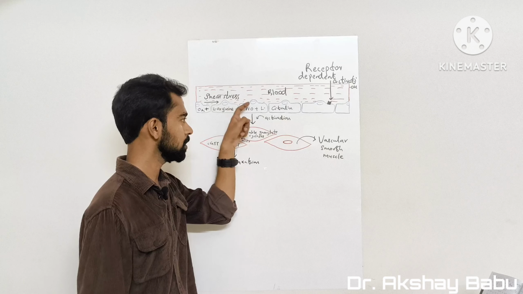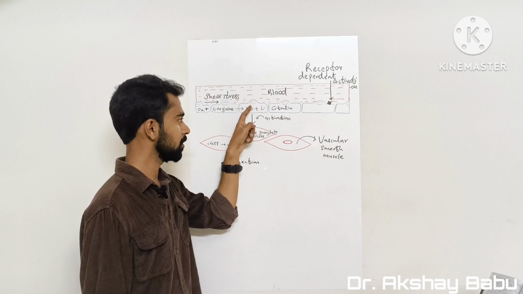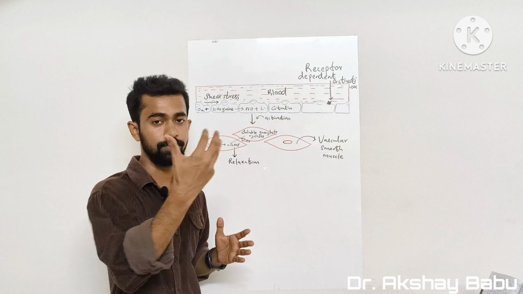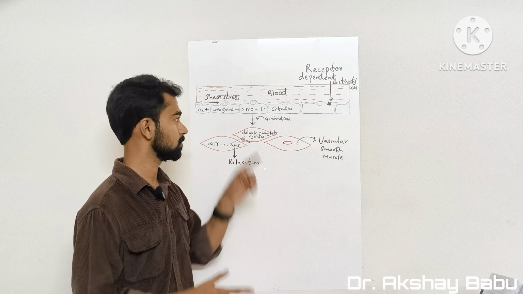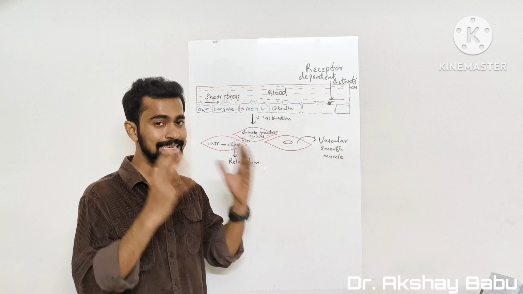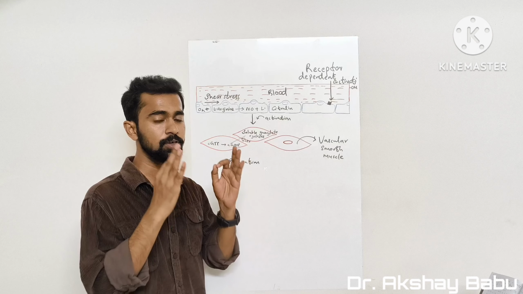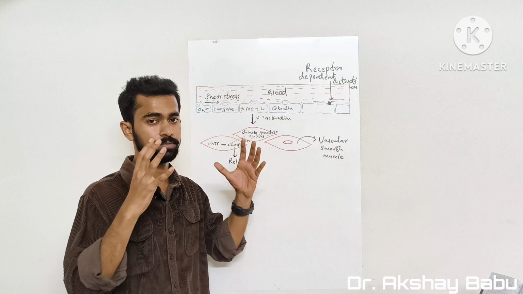Due to this shear stress, nitric oxide will get released because it acts as a stimulatory factor. That's an example of physical stimulation. And the nitric oxide released through shear stress plays a major role in vascular dilatation.